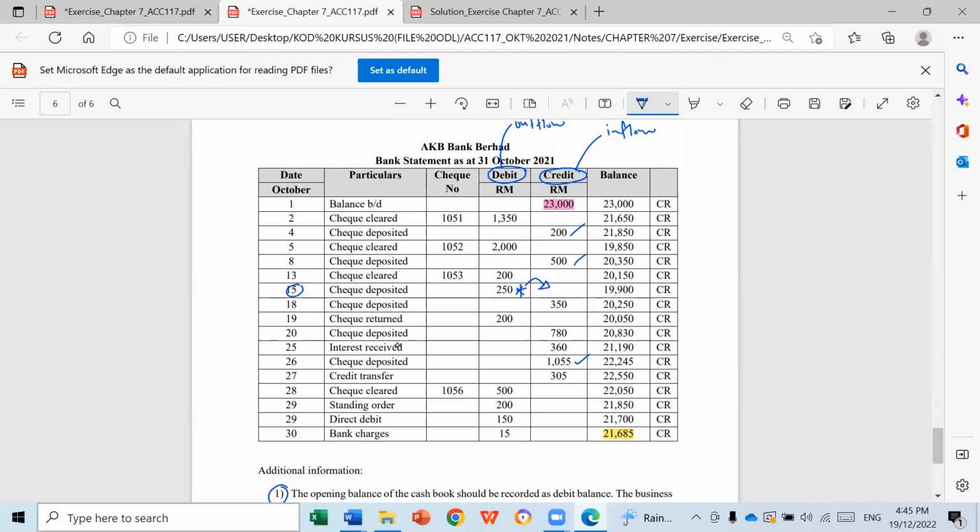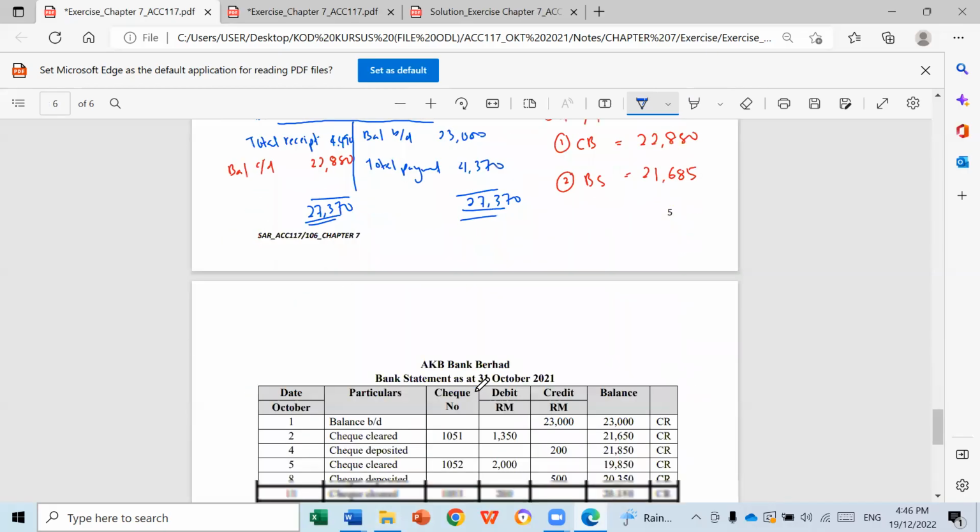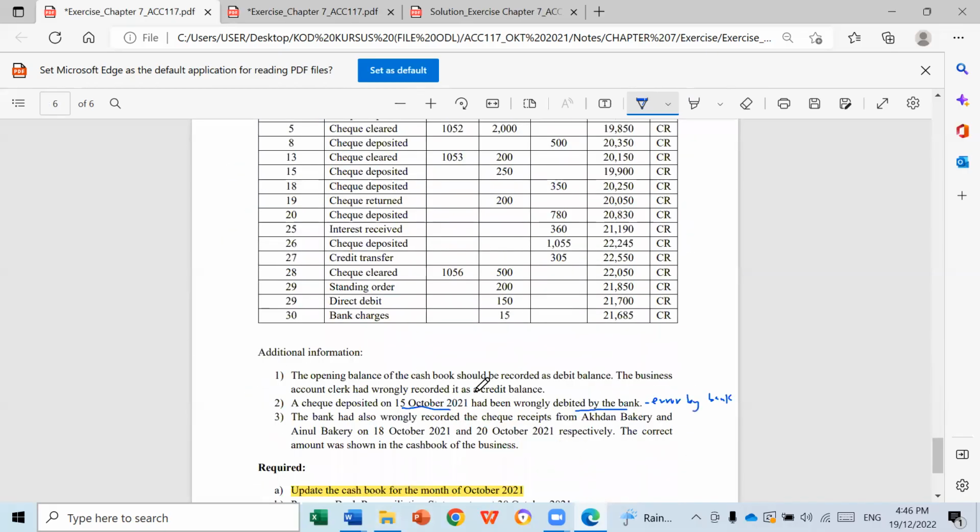Next, we have the deposits from Ahdan and Ainul. Let us check whether there are any errors regarding these. Number 3, the bank had also wrongly recorded the cheque receipts from Ahdan Bakery and Ainul Bakery on 18 October 2021 and 20 October 2021 respectively. The correct amount was shown in the cash book.